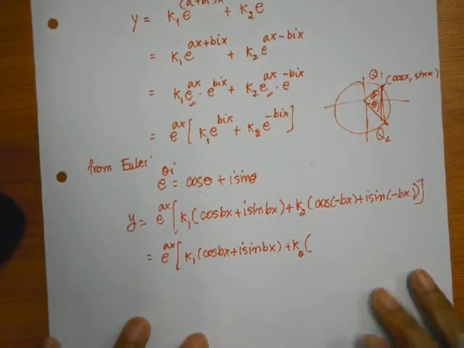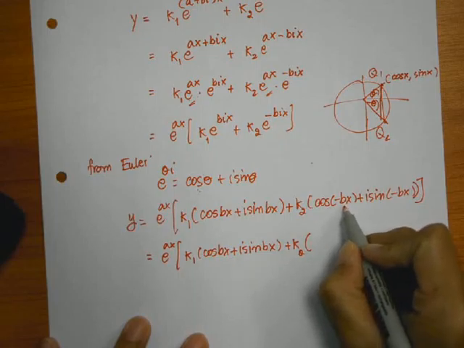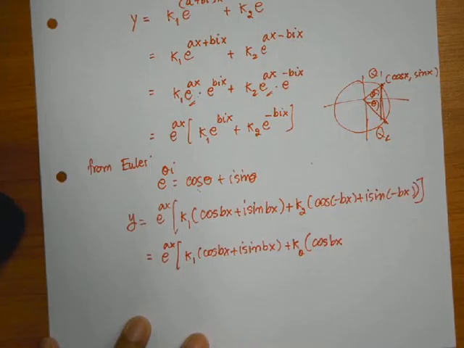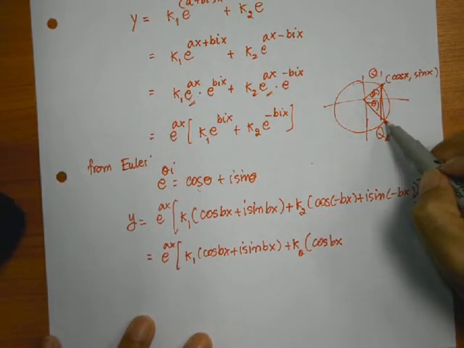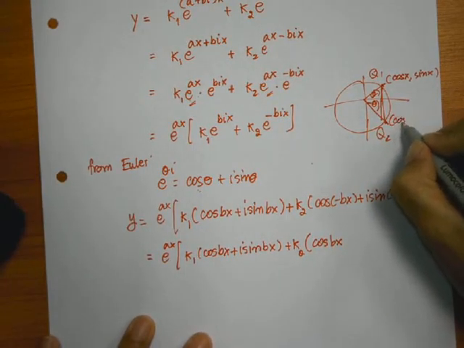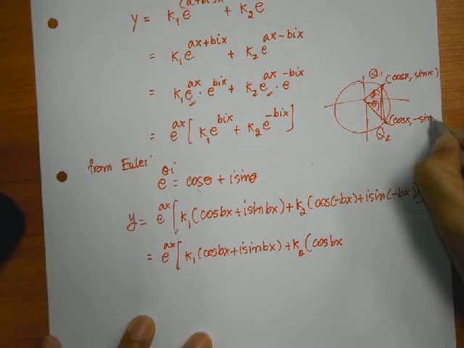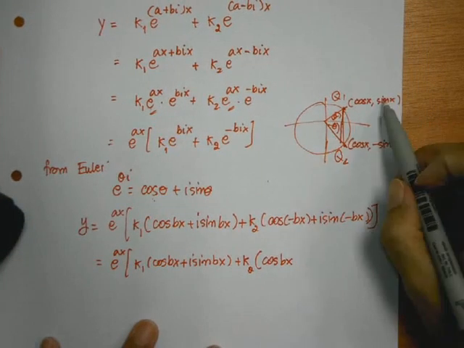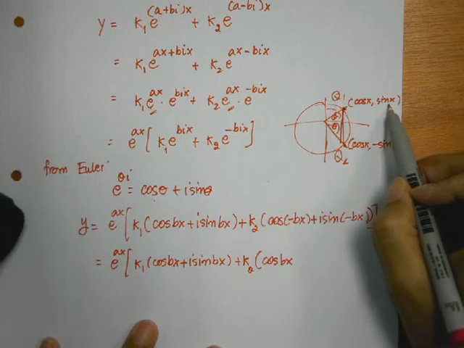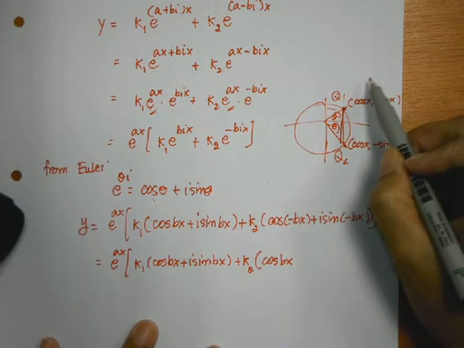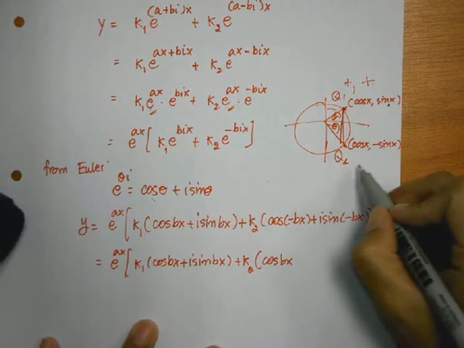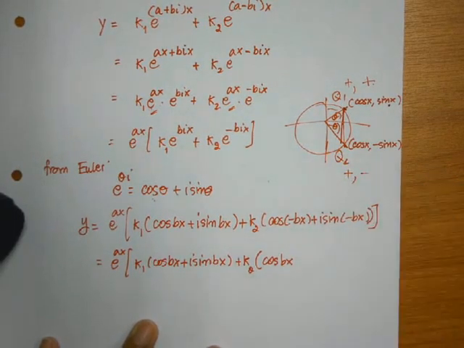So that means cos minus bx is equal to cos bx. But for sine, you look at the y value. In quadrant 1 you got positive x and y, but in quadrant 4 you got x positive and y negative.